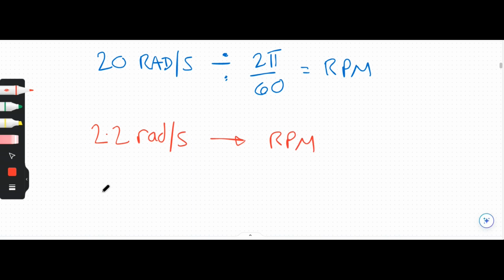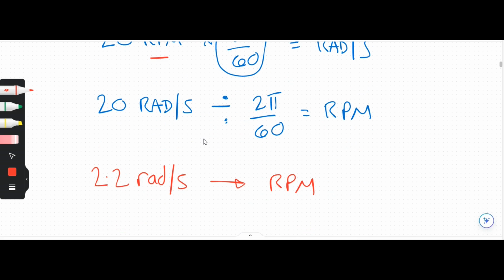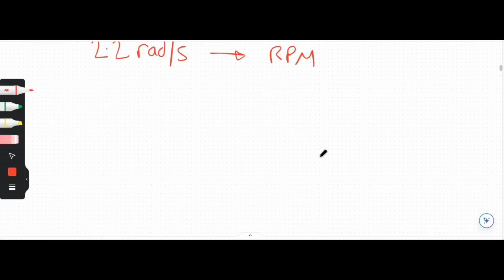We've got to go the other way, so all I'm going to do is divide it. Because to go from RPM into radians, I times it. To go from radians per second, I divide it. So that's what we want to do. 2.2, divide that by 2 pi over 60.